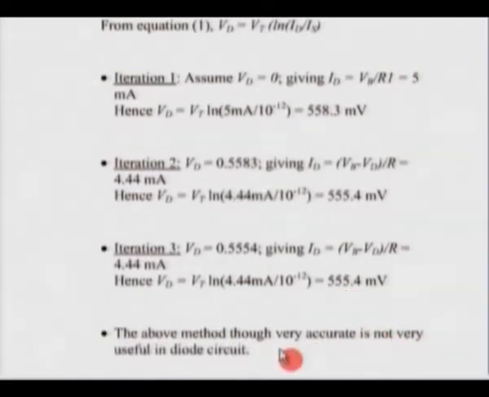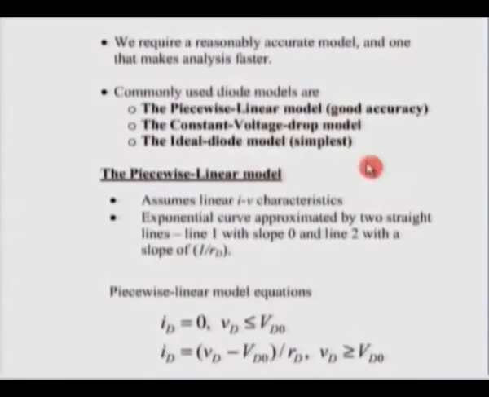This method is quite accurate, but unfortunately it is not very useful in a diode circuit, because most of the time you do not want this much accuracy. You are interested in a reasonably accurate model, but one which makes the analysis faster. This is where we have about 3 models.